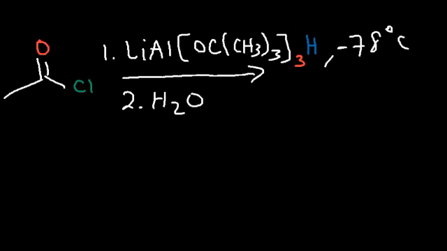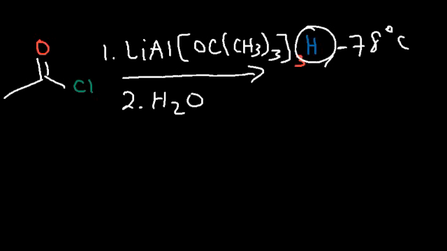What product would you expect to get in this reaction? Now this reagent is called lithium tri-tert-butoxy aluminum hydride. And notice that the aluminum only has one hydrogen, so it can only add one hydrogen to the acid chloride.